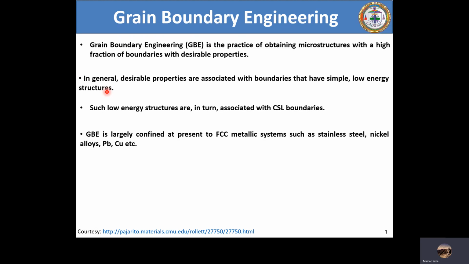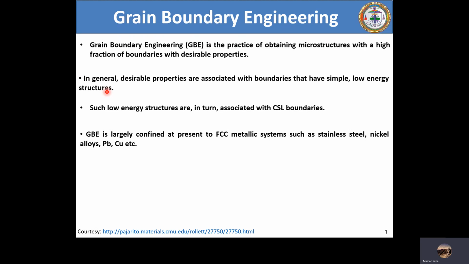Then, this grain boundary engineering is at present largely confined to FCC metallic systems such as stainless steel, nickel-based alloys, lead, copper, etc. Why they are mainly limited to FCC metallic systems is because of the atomic arrangement along the 111 plane, or the octahedral plane, in FCC metallic materials, which is the ABC stacking typically, the ideal stacking there.